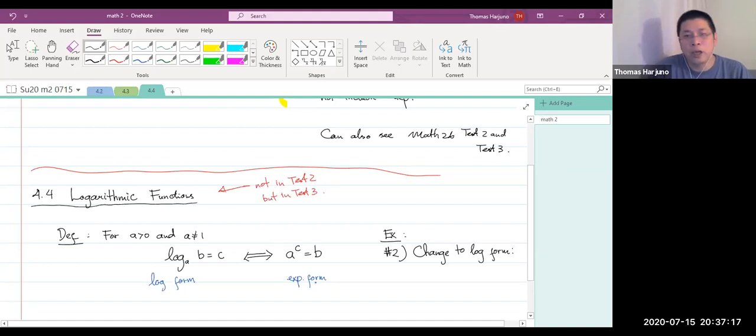Number 2a: 3 to the 5th equals 243. Now that's exponential form. Then the log form will be log base 3. The 3 here is a subscript, so you write it small and lower, of 243, regular size, equals the exponent 5.